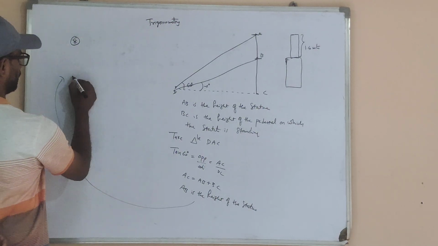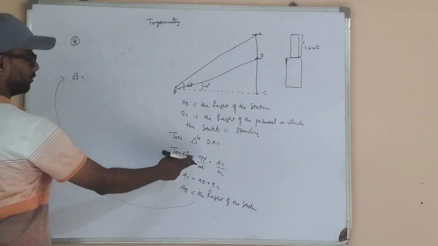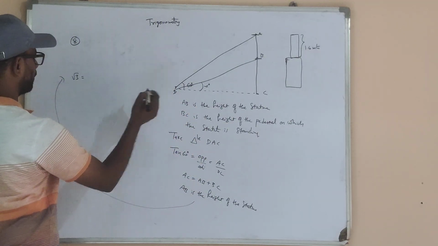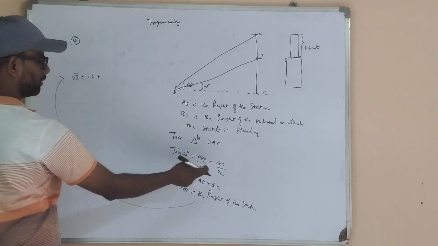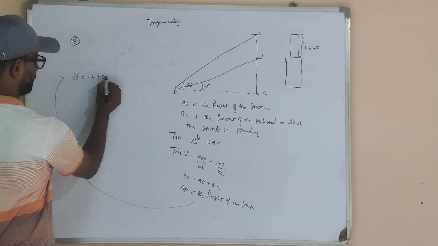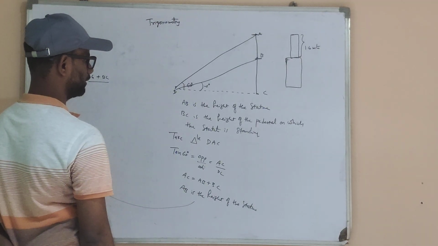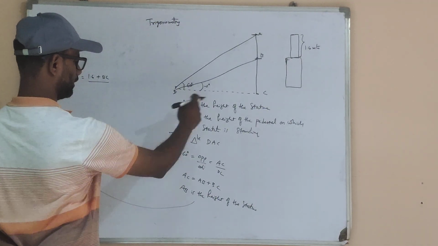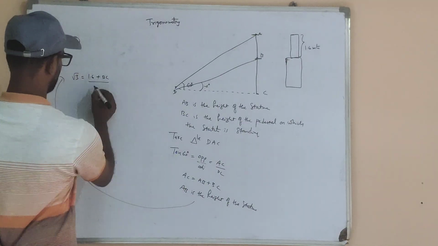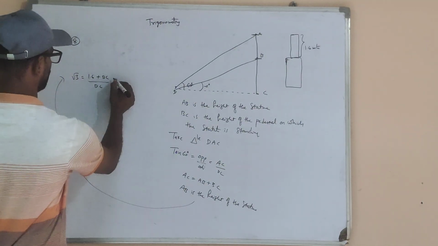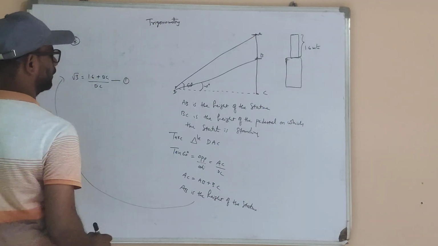Now we know that tan 60 is equal to root 3. So root 3 is equal to AB plus BC, where AB is 1.6, so 1.6 plus BC, which we don't know, by adjacent, which is DC. So this is equation 1.